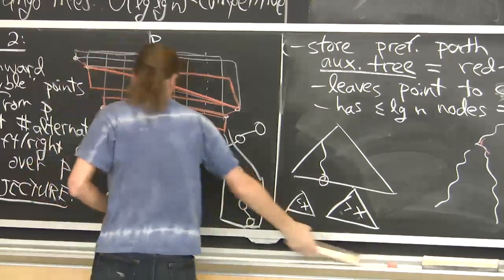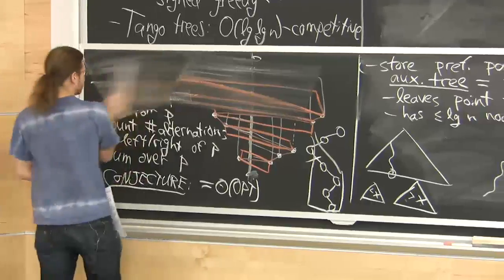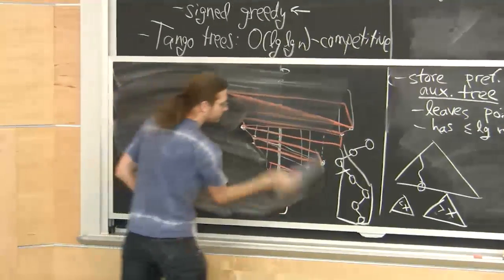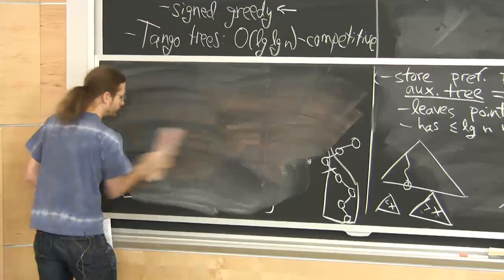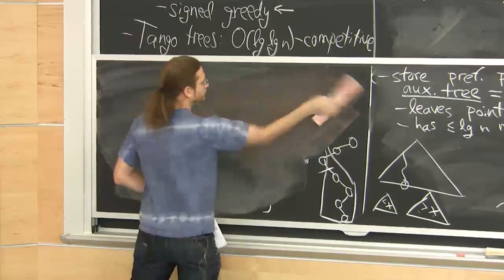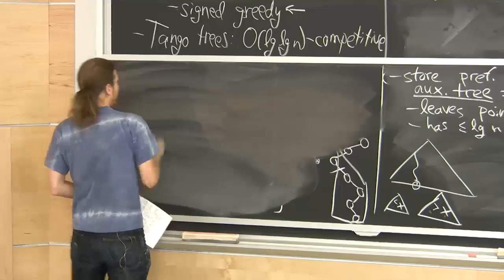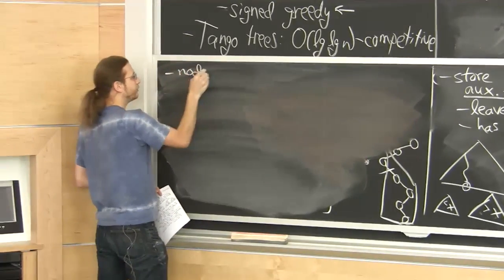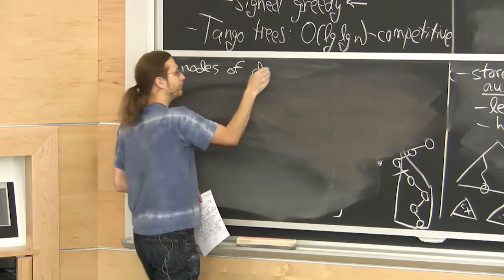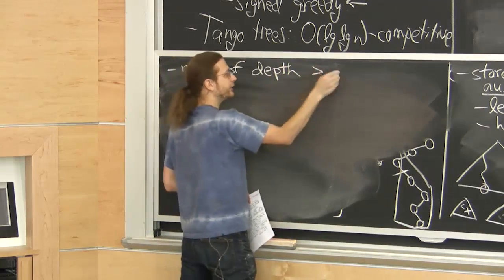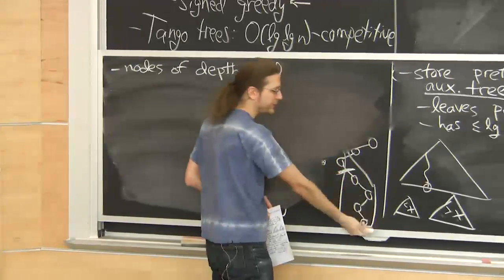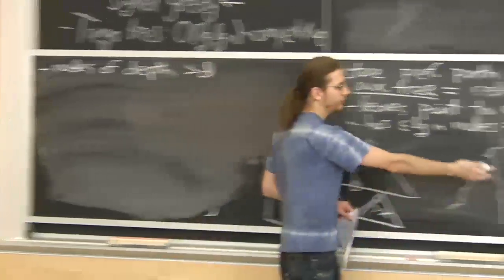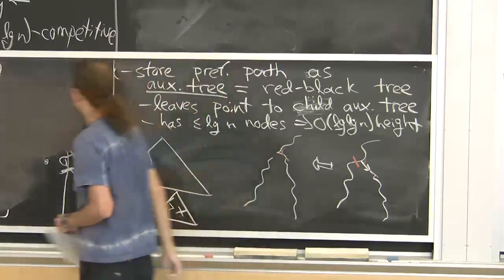And let me draw this slightly. So if you look at the nodes of depth greater than d, I want to cut off everybody that's deeper than a particular spot in order to do this kind of change.